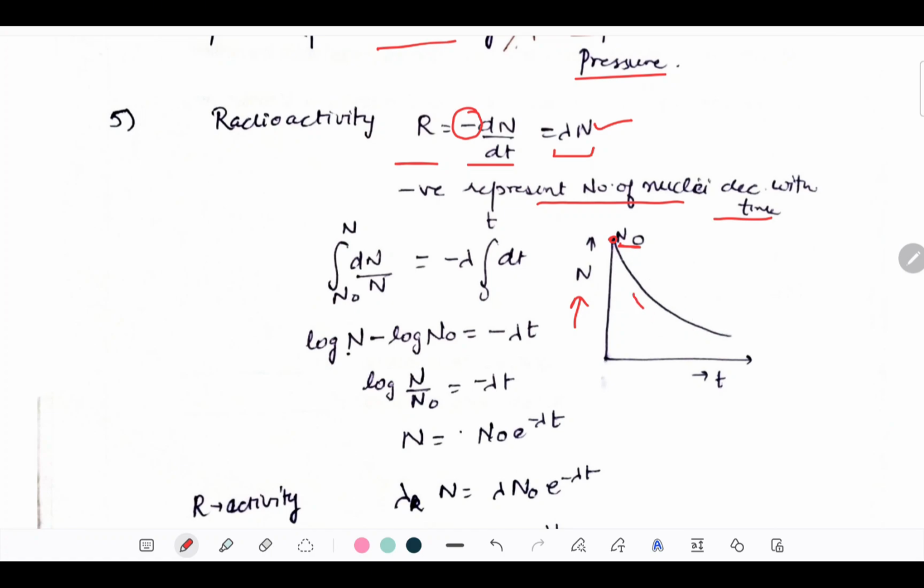Why is it decreasing in the exponential form? This is because the number of nuclei is related to the disintegration constant in the exponential form. So N equals N naught e raised to the power minus lambda into t, where t is the time in which the sample of nuclei decays to this amount, exponentially as e raised to the power minus lambda t.